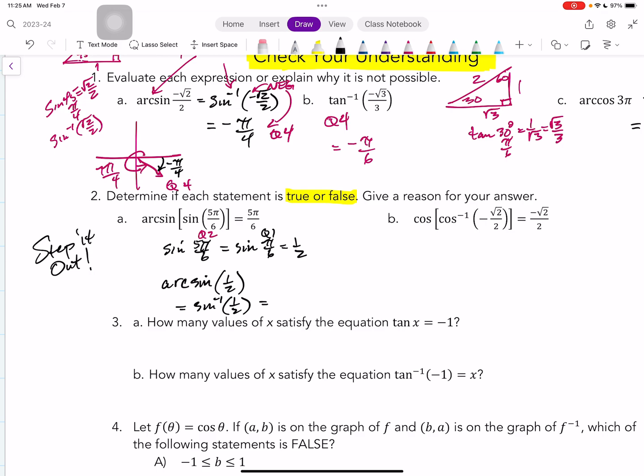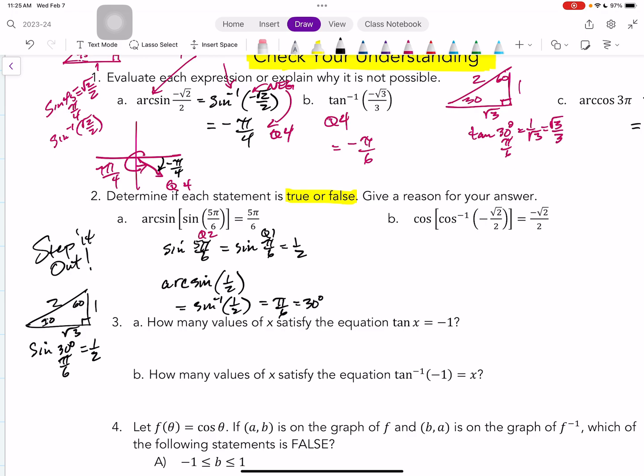Well, 1/2 is positive. Let me draw the triangle over here: your 30, 60, 90, with sides 2, 1, root 3. We know that the sine of 30 degrees, which is pi over 6, gives you 1/2. So this angle right here should be pi over 6, or you can say 30 degrees is the same thing.